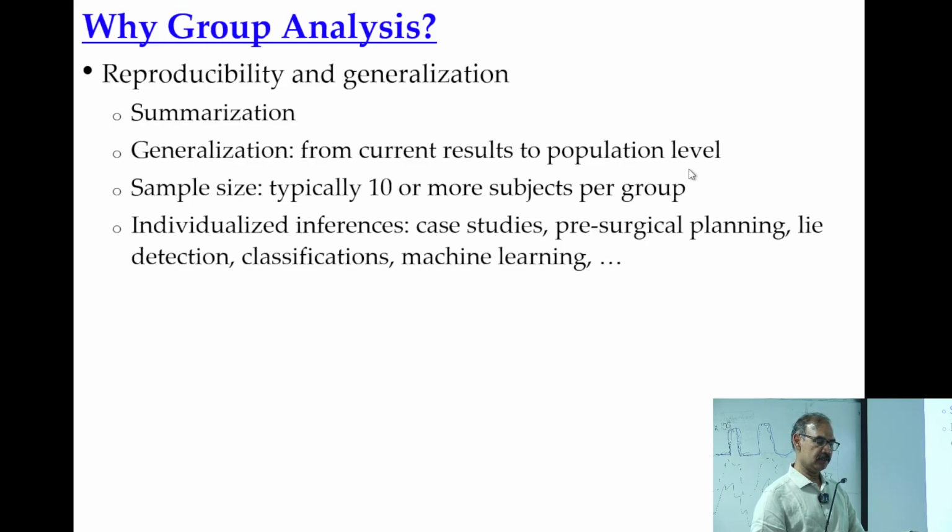Also, it will tell us about the sample size, right? So if you are using 10 or more subjects, is that enough? Are you finding enough statistical power to say that these findings can be generalized, right? And that is something called the p-value, right?